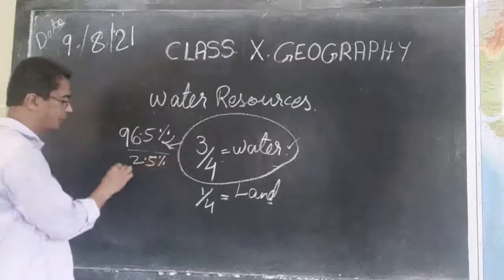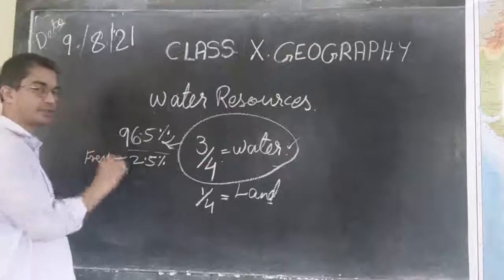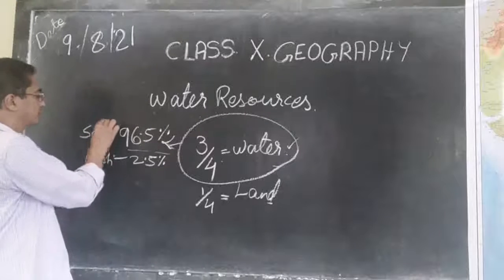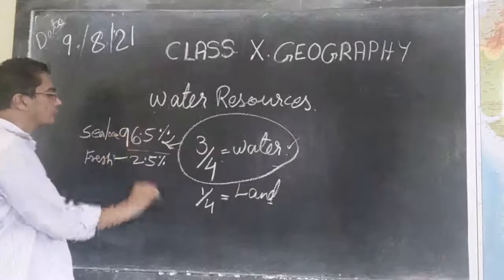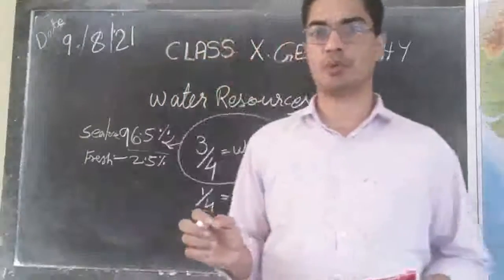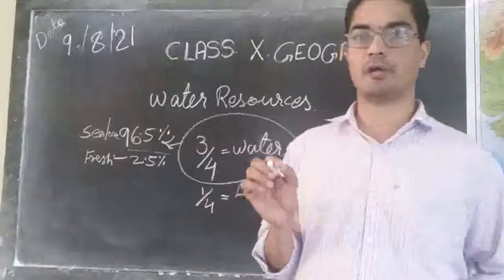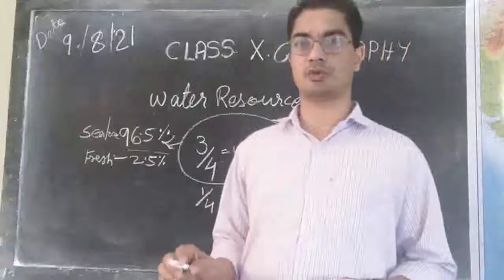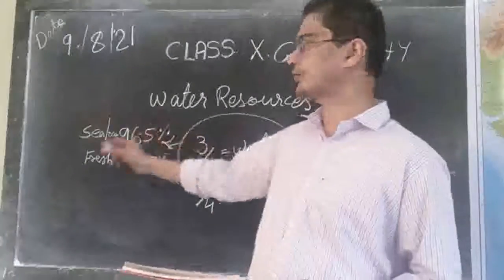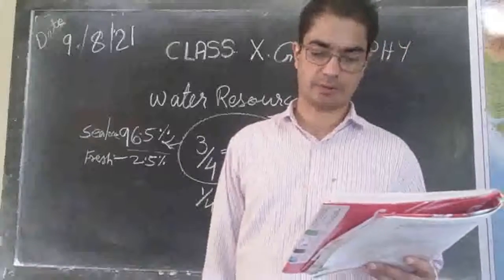So we have just 2.5% of the water available for our use, because only that is fresh water. All the rest, 96.5%, is not useful for human consumption.